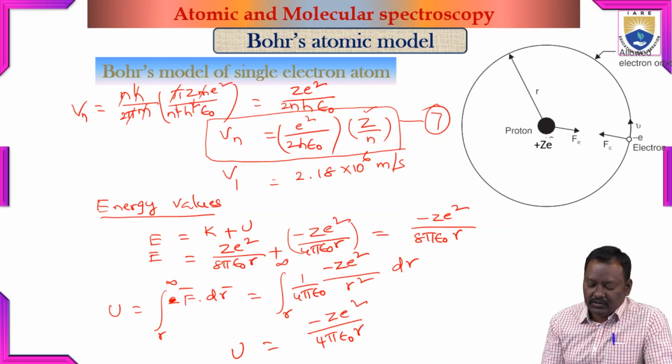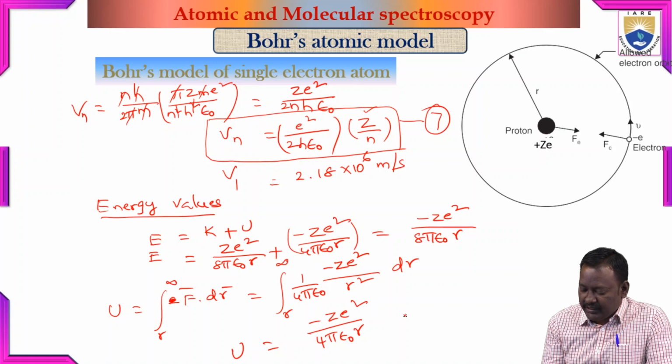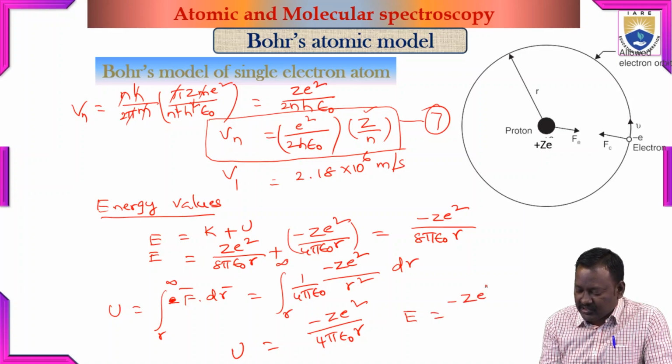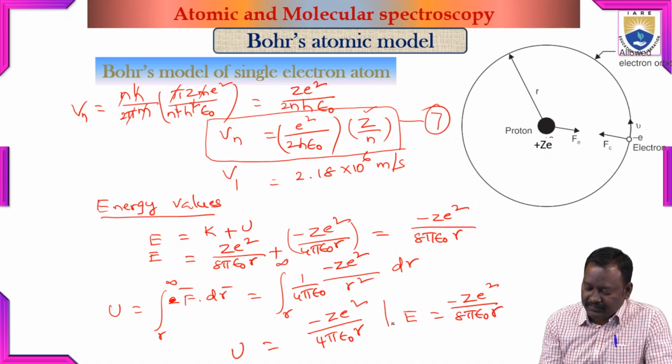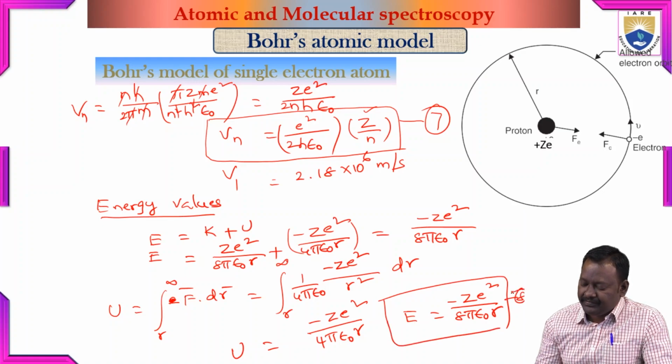So total energy in terms of radius is given by minus Ze square by 8 pi epsilon naught r. Let this be equation number 8.